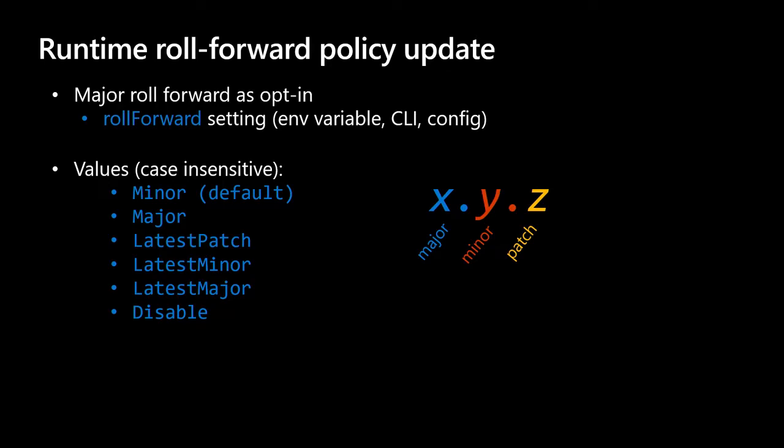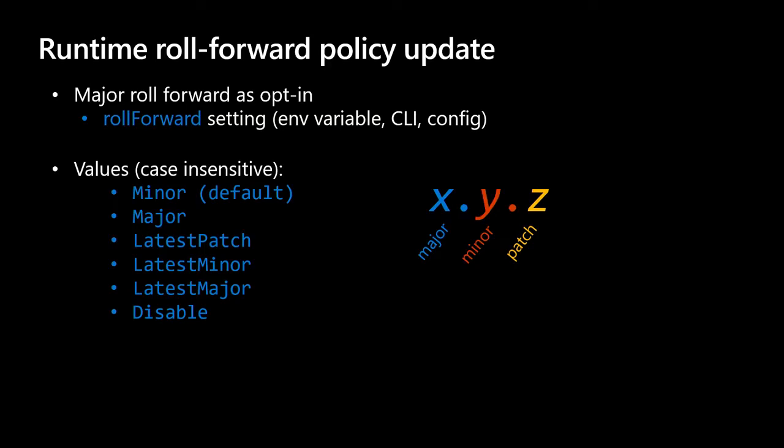For the runtime, the version breaks down like this: major, minor, patch. It's similar to the global.json logic, but it has fewer options. It's the nearest or the latest versions, or you can disable roll forward.